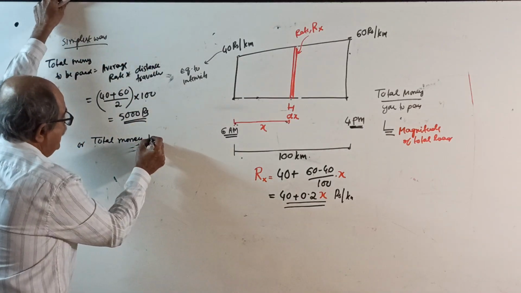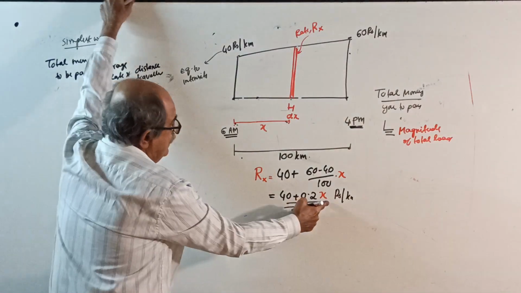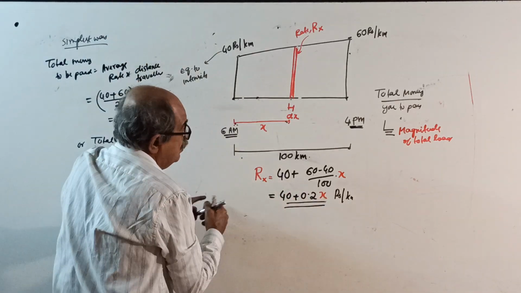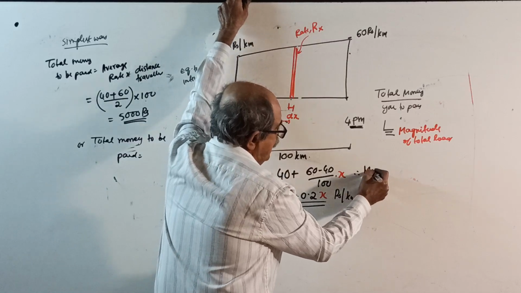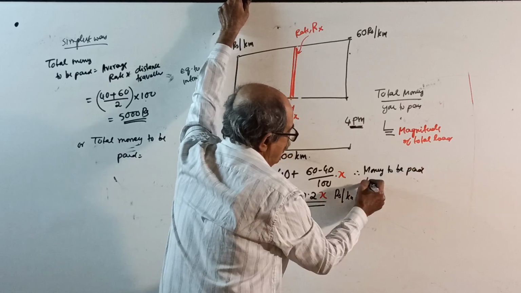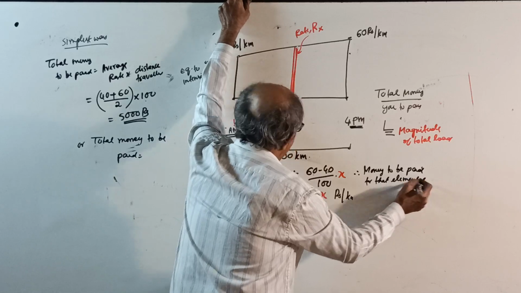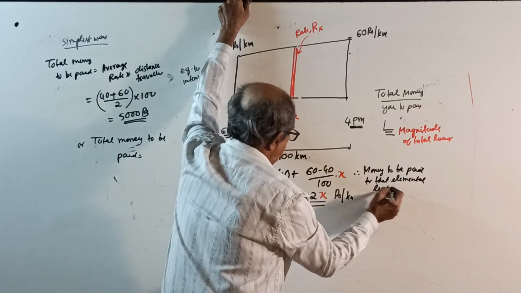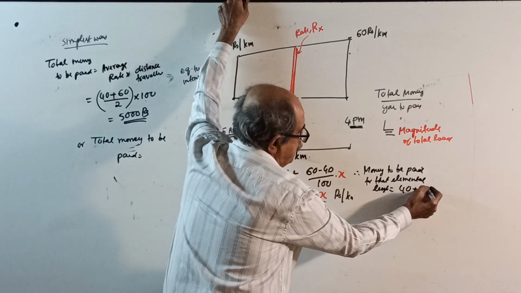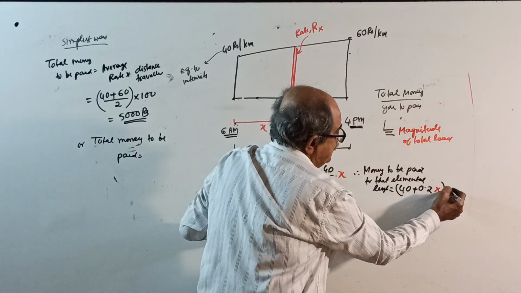The money to be paid for that elemental length is whatever the rate is, into the distance. 40 plus 0.2 into x is the rate per kilometer, into distance dx.